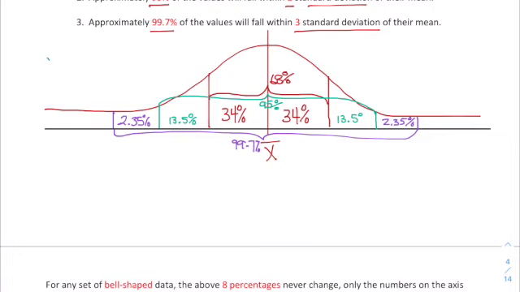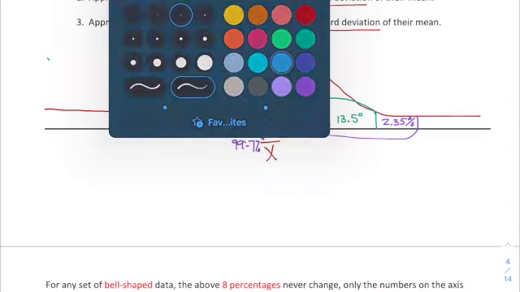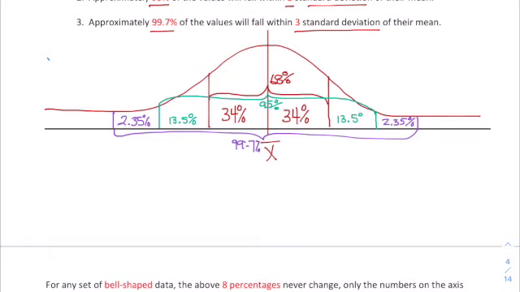Okay? Then the last, we still have stuff left, because guess what? That's only 99.7. I still have 0.3. And that 0.3 is going to get stuck out here. That's 0.15 on each side, because 0.3 divided by 2 is 0.15. And that is going to be the rest of your percentage.